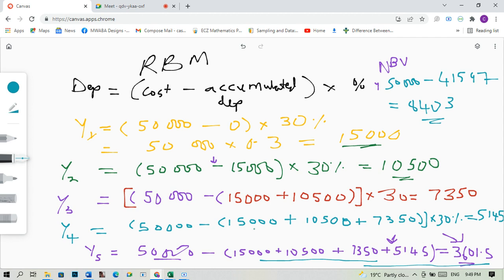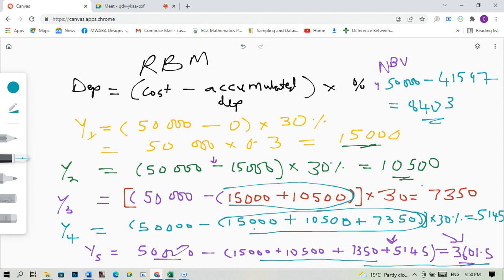For year 4, you just add up all these in the brackets, and you just subtract it from 50,000. That's the net book value for year 4. Similar for year 3, you just add these depreciations together and you subtract it from 50,000.